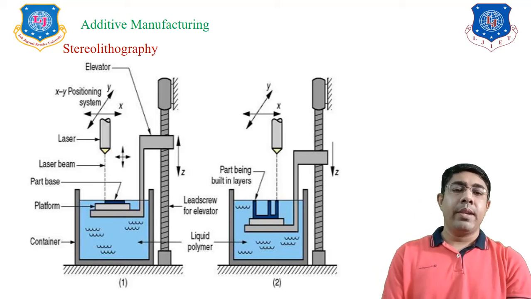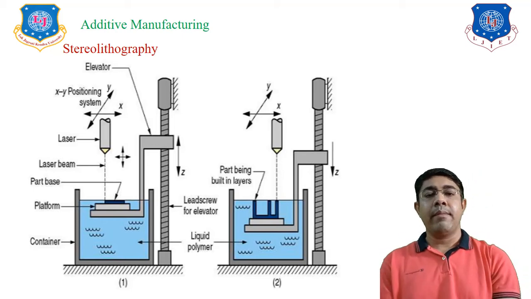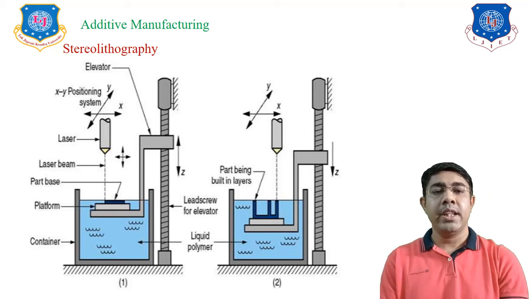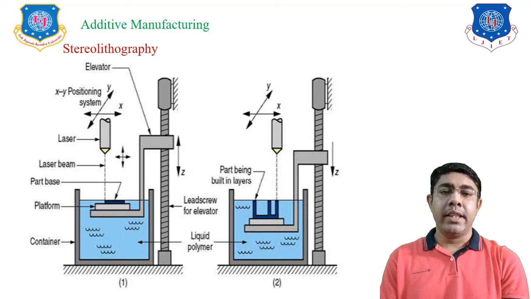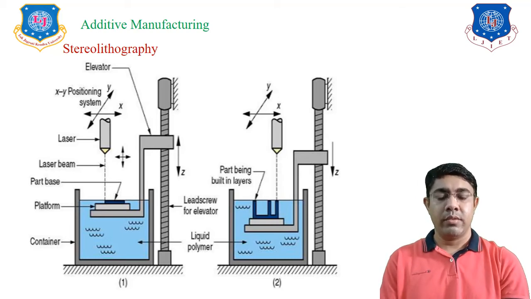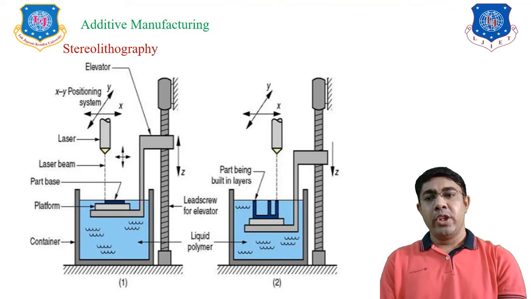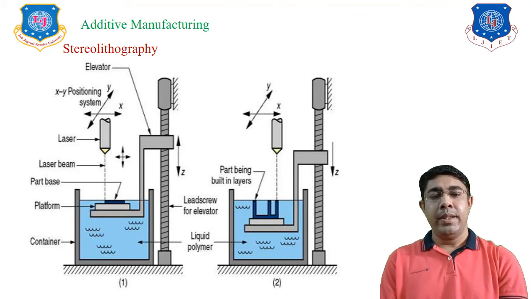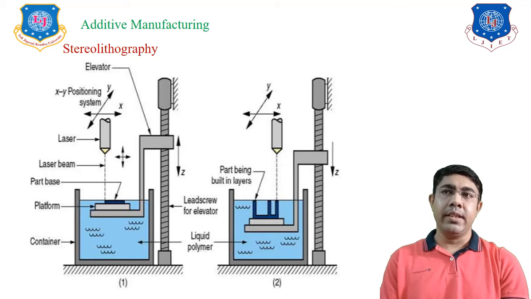As I told in previous lectures, stereolithography is the first additive manufacturing process, used to make a component by adding material.